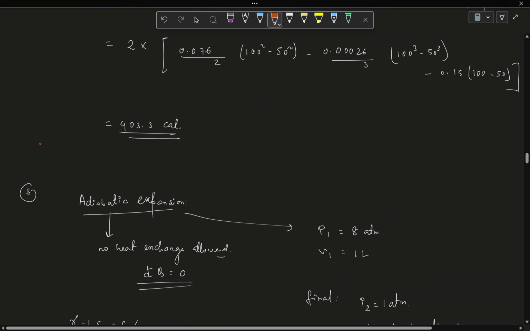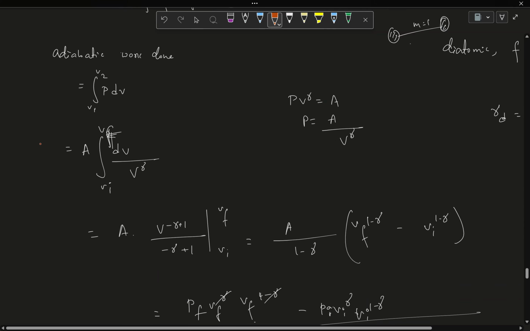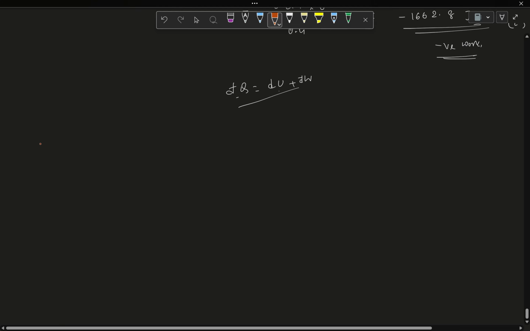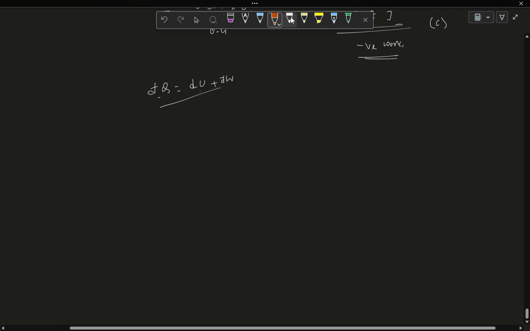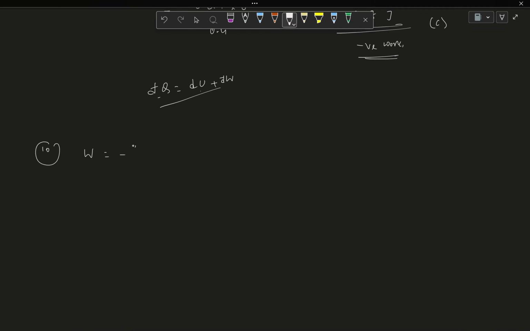So let us calculate this, your question number 10, the last question of the previous assignment. W is equal to minus integral of FdL, with L changing from L1 to L2, where L1 is equal to L naught and L2 is equal to L naught by 3, right?